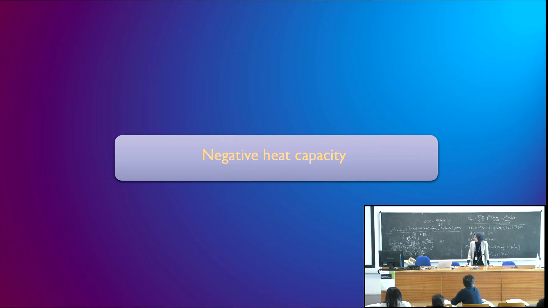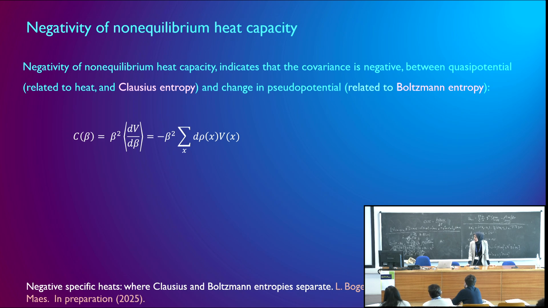The other point that I want to tell is related to negative heat capacity. In some examples, we saw that it's possible that heat capacity can be negative, but what's going on really there? Do you remember I gave you this formula for the heat capacity?